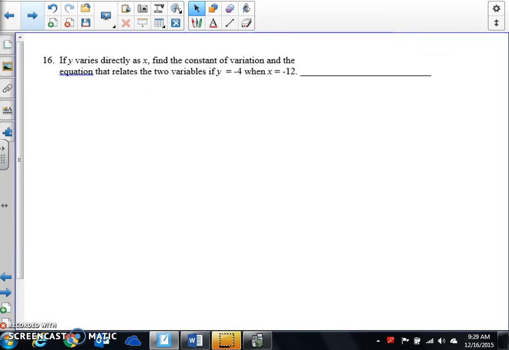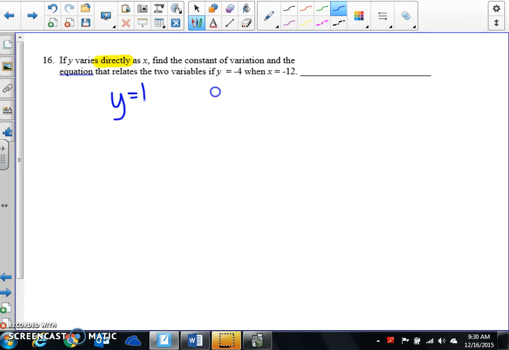All right. If y varies directly, if you see directly, immediately you should write the direct variation equation. So y equals kx. Now they say find the constant of variation and the equation that relates the two variables.